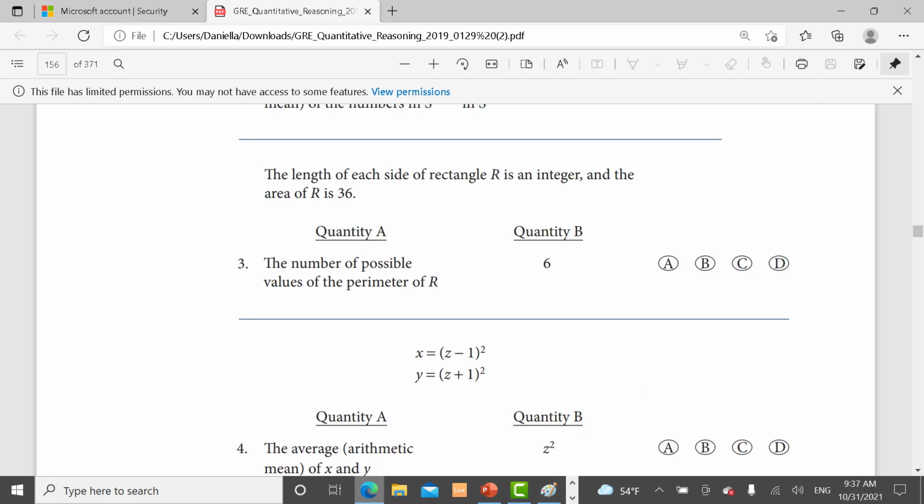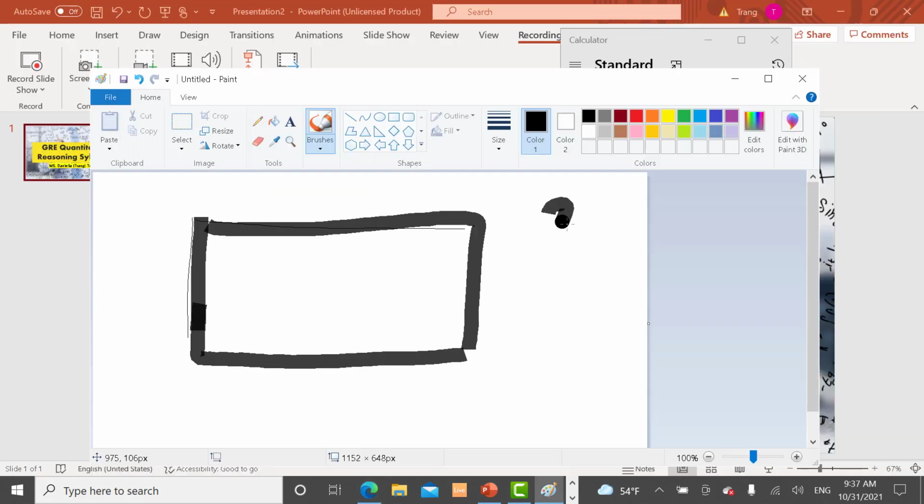And remember that the lengths of the sides are integers. So first of all, you're gonna factor 36 into the product of integers. Another thing you have to keep in mind is the length of the side cannot be negative.